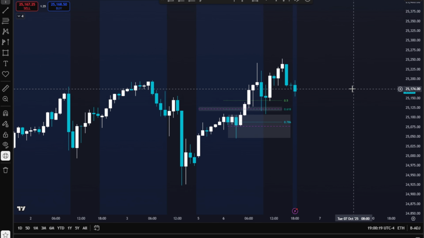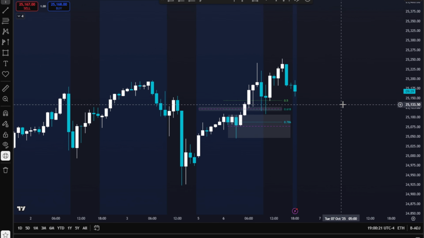There might be multiple fair value gaps and you don't know which one to use. But if you're struggling with identifying the correct fair value gap or when's the right time to enter, this might give you an insight on when you should be entering.